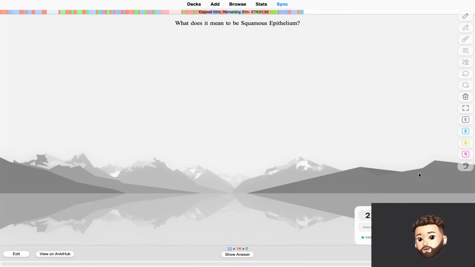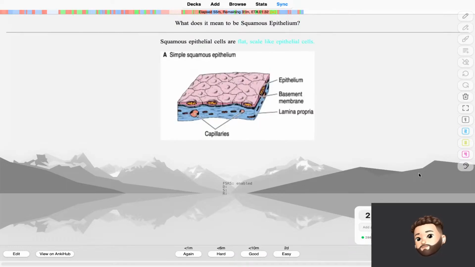What is squamous epithelium? It means the cells are square, flat, flat scale-like epithelial cells. Is the surface of your skin scale-like? Is that squamous epithelium?